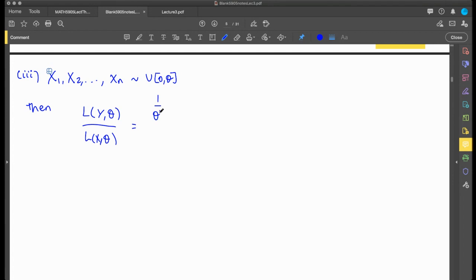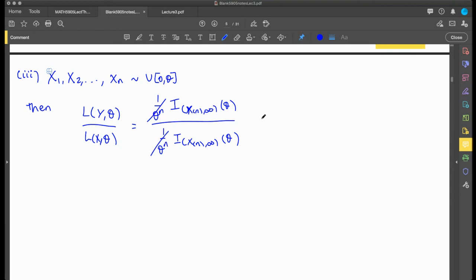It was 1 over theta to the power of n, the indicator function that theta was bigger than the maximal of my y observations. And then on the denominator, it would be the same, 1 over theta to the power n. Now I want the maximal of my x observations. I want theta to be bigger than that.